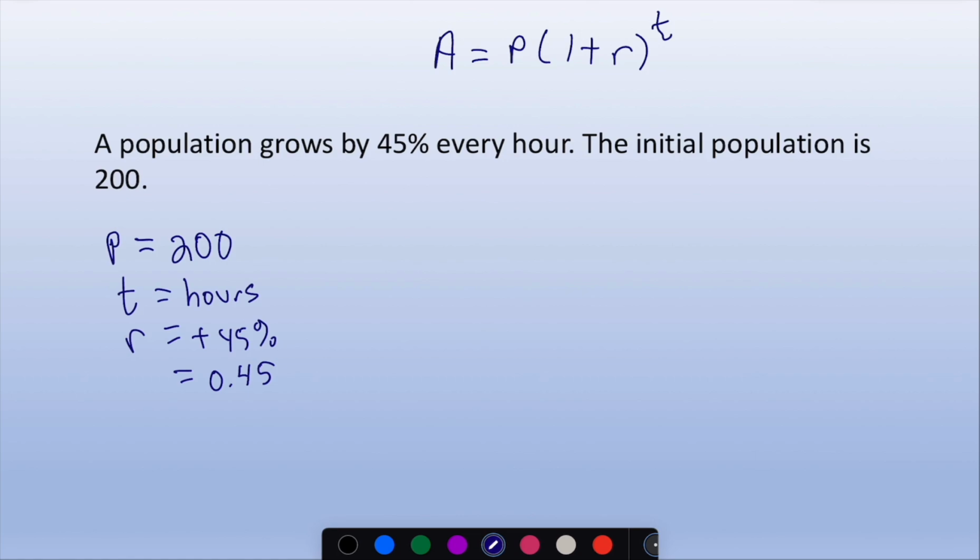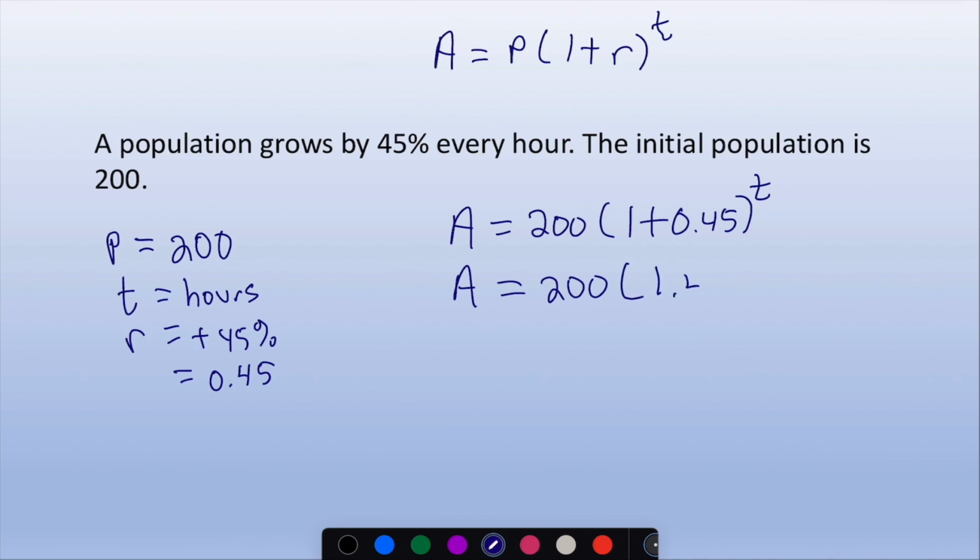Okay, so let's set up an equation for this particular situation. The final population at any time for this situation is 200 times 1 plus 0.45 to a power of t. So the formula we would get is 200 times 1.45 to a power of t.